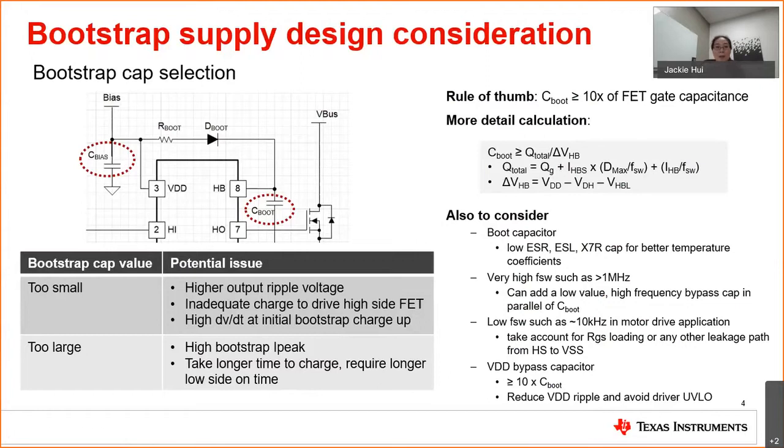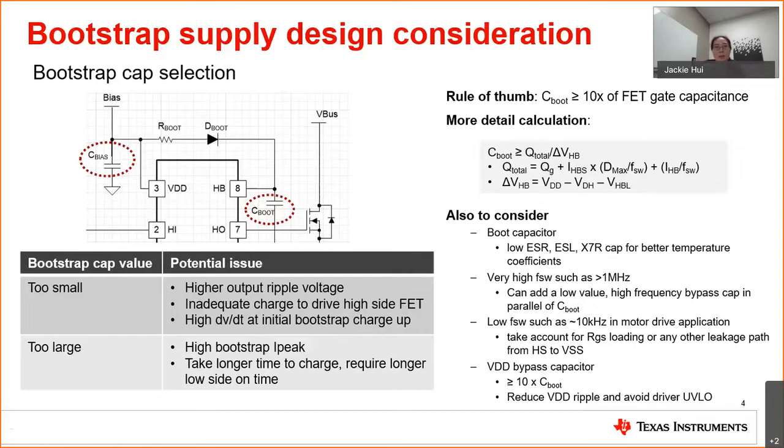Now, besides the value, there are other things that need to be taken into consideration here. For instance, the type of cap to use. We recommend using a low ESR, low ESL type of cap. We also recommend choosing a cap with a temperature coefficient that is relatively stable, for example, using an X7R type of cap.